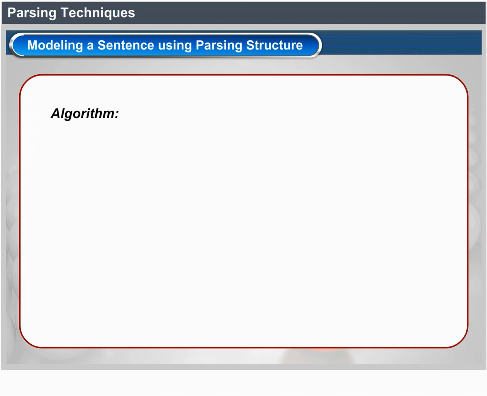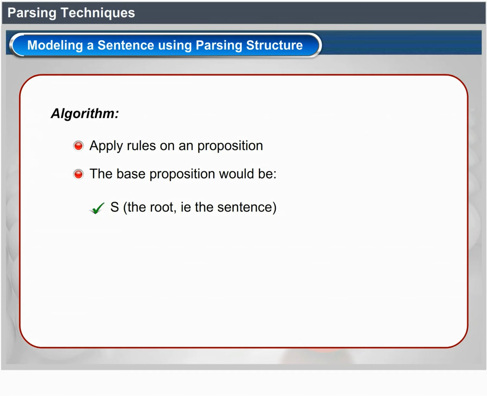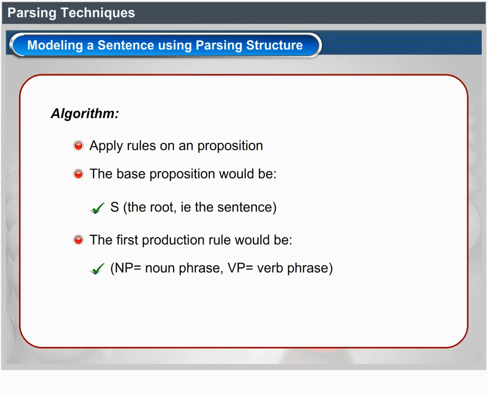Algorithm: apply rules on a proposition. The base proposition would be S, the root, that is the sentence. The first production rule would be, NP is noun phrase, VP is verb phrase. S implies NP, VP.